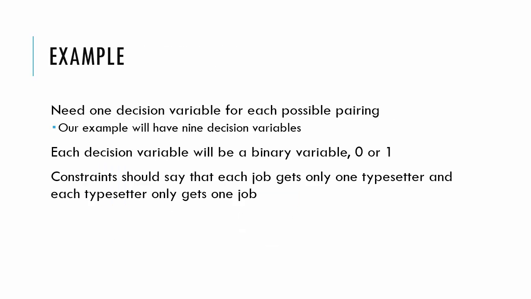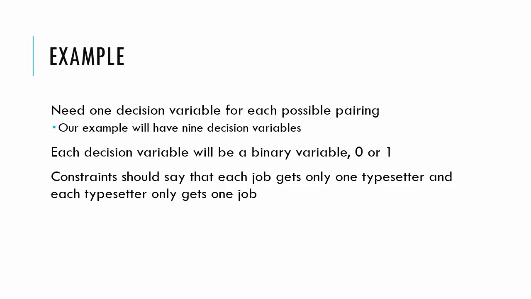In this example, we need one decision variable for each possible pairing. In this case, we had 3 jobs to 3 people, so 3 times 3 gives us 9 decision variables. Each decision variable will be a binary variable, meaning 0 or 1. It'll be a 0 if that person is not assigned to the job.